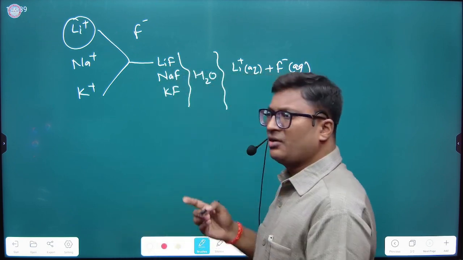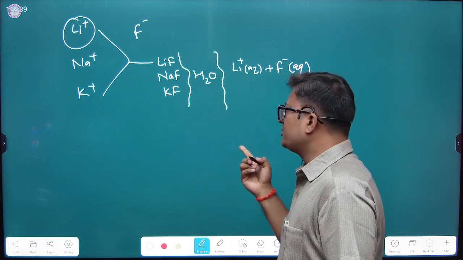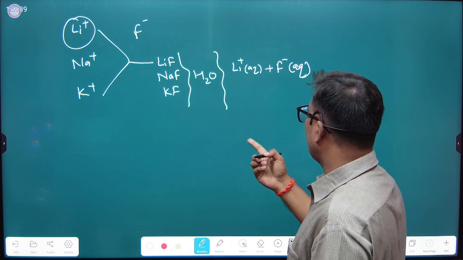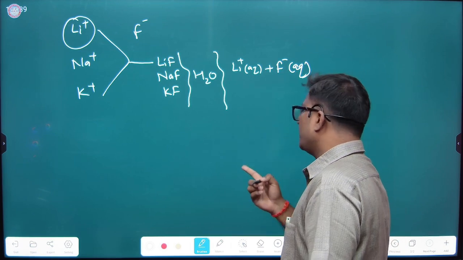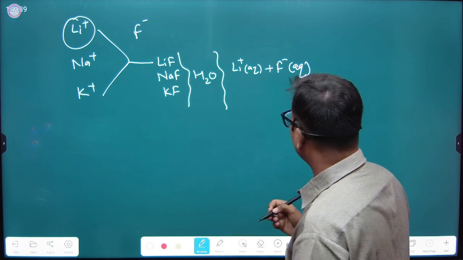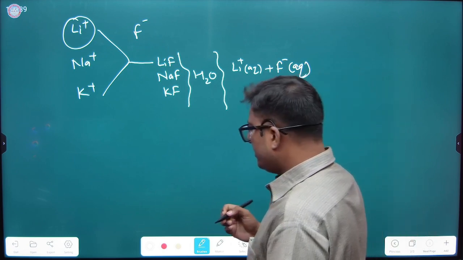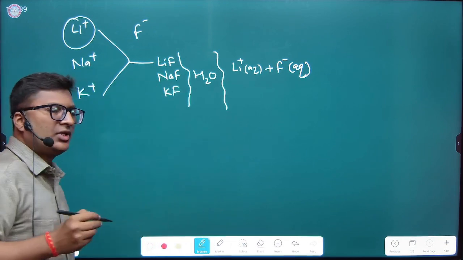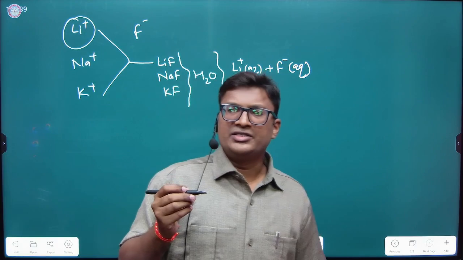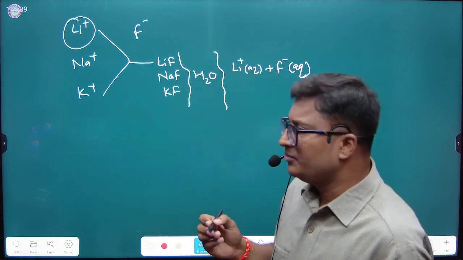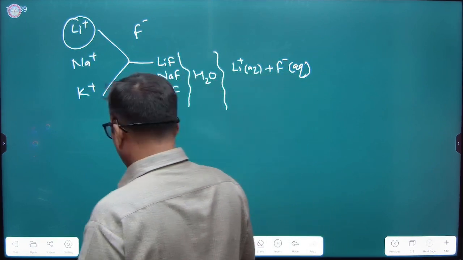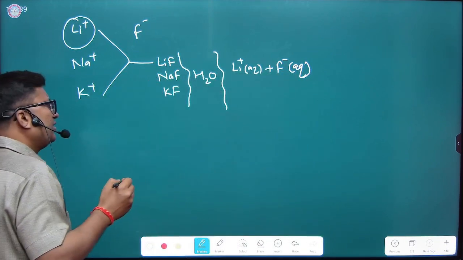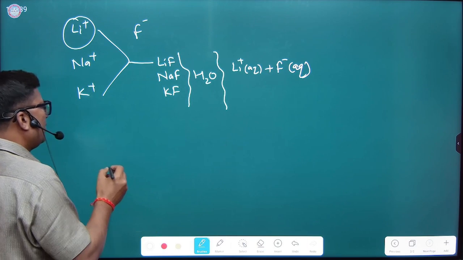Because of the presence of cation and anion in the aqueous system, ionic compounds dissolve in polar solvents like H2O. But what is the aqueous chemistry of the alkali metal cations? The alkali metal cations remain in a hydrated state in the aqueous system.